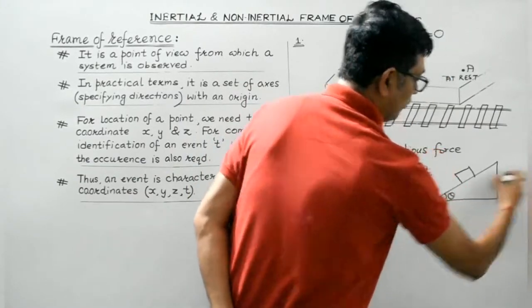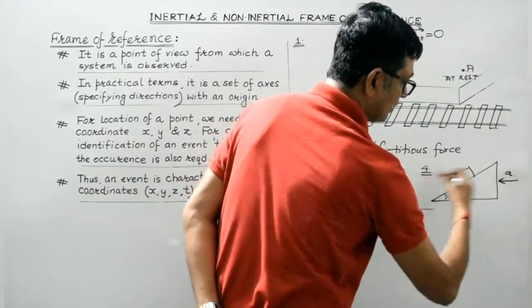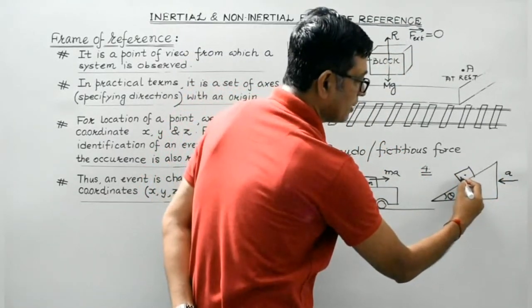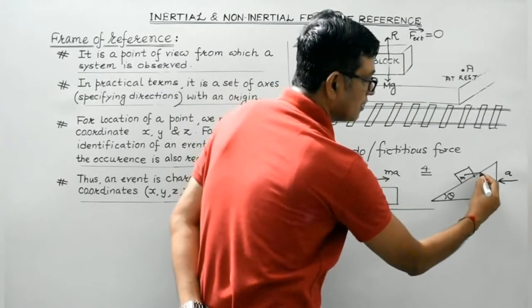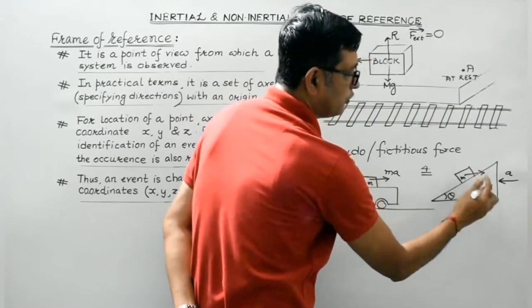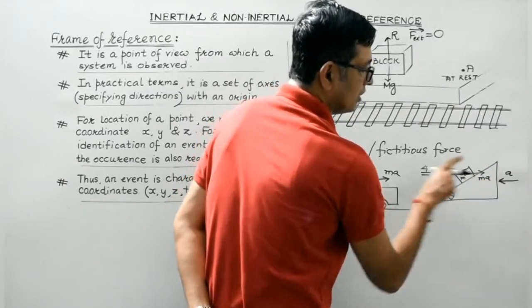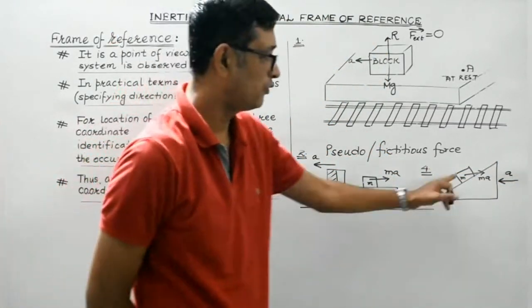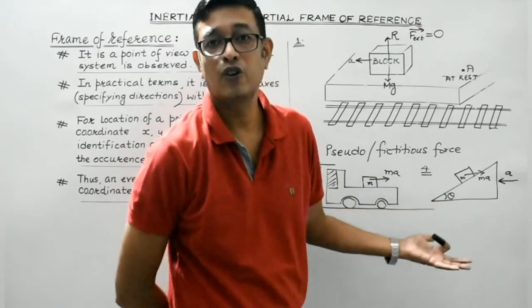So now, when I give an acceleration a in this direction to the system, then this block, say of mass m, will experience a pseudo force ma in the opposite direction. Right? So this force may prevent the block from sliding.